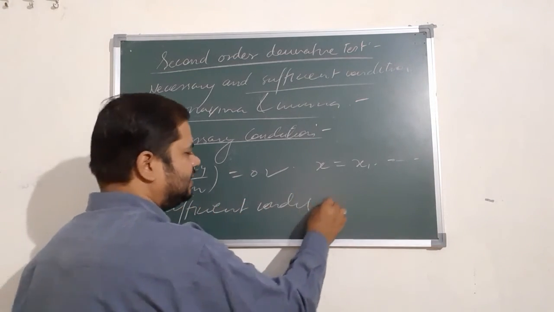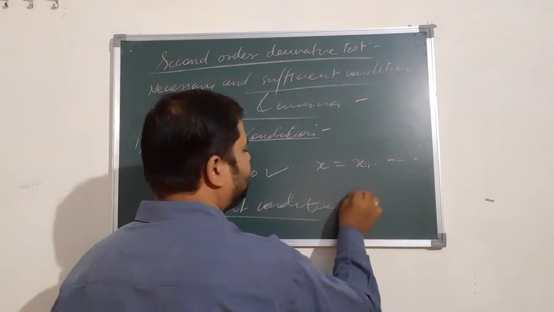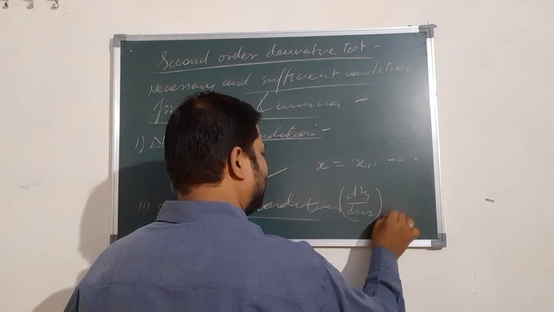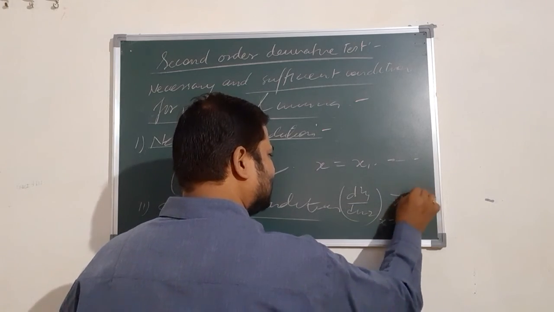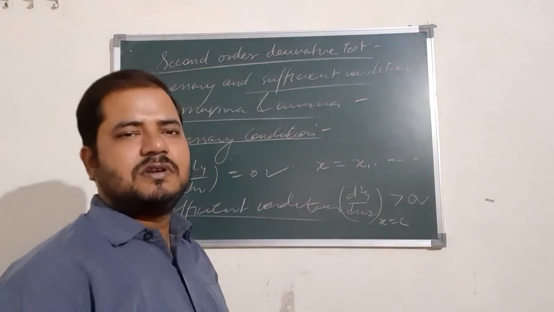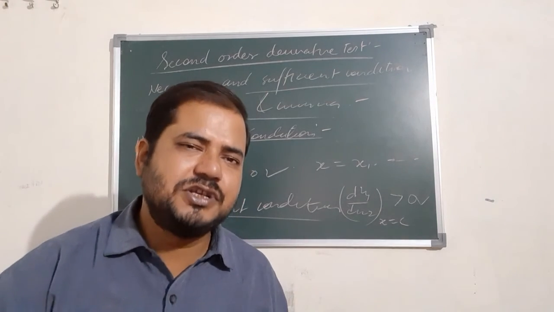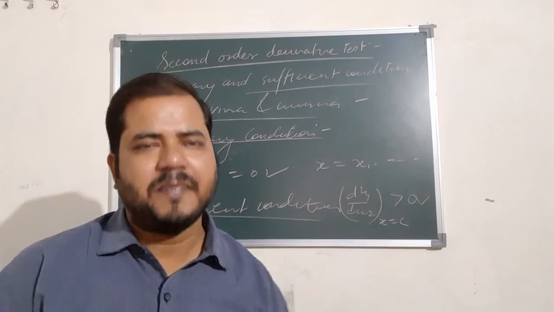We find d2y over dx2 and check at x is equal to c. If it is greater than 0, then x is equal to c is the point of minima. If it is less than 0, then x is equal to c is the point of maxima.